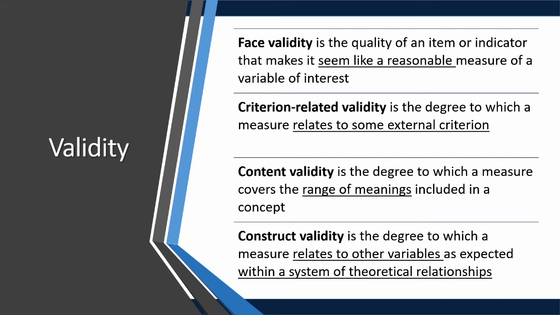In criterion-related validity, we use an external criterion, like say a known population, to determine whether our measure is valid. In content validity, we're asking whether the range of items captures the entire universe of a variable it's intending to measure. And finally, in construct validity, we're asking whether the items are associated with other variables in the way they are theoretically expected to be associated.